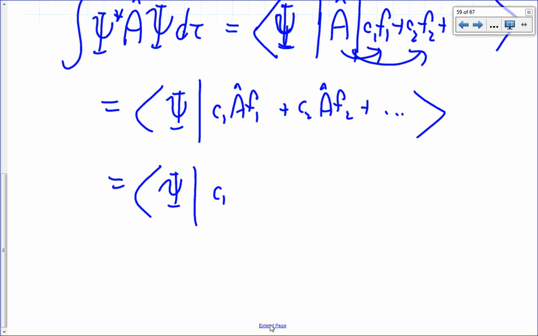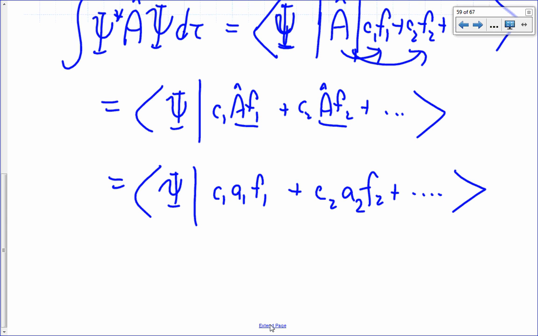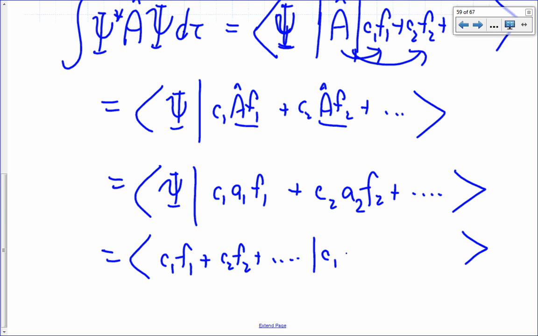So c1 A hat f1 gives eigenvalue little a1 times f1, and A hat f2 would give you eigenvalue little a2 times f2, plus and so on and so forth. And what do we have on this side? C1 f1 plus c2 f2 plus and so on. I have c1 a1 f1 plus c2 a2 f2 and so on and so forth.